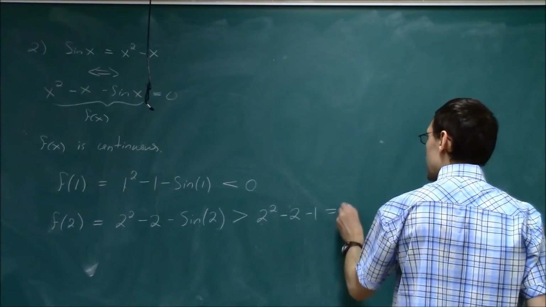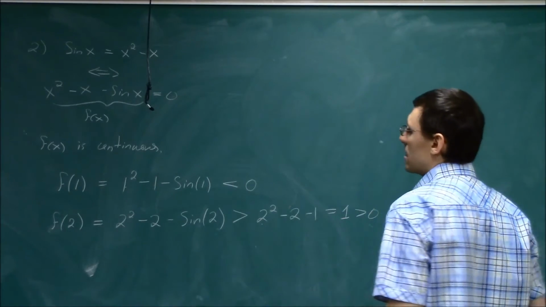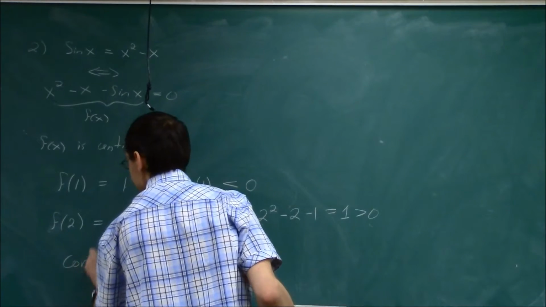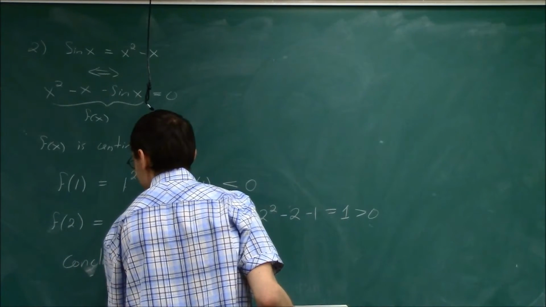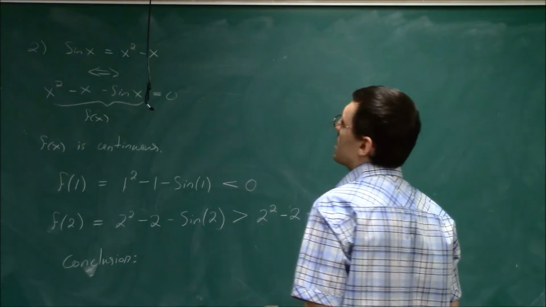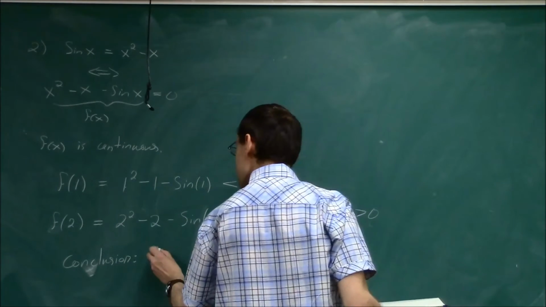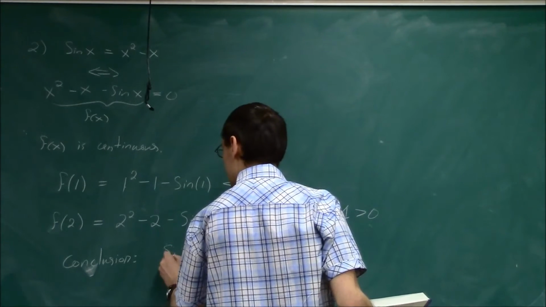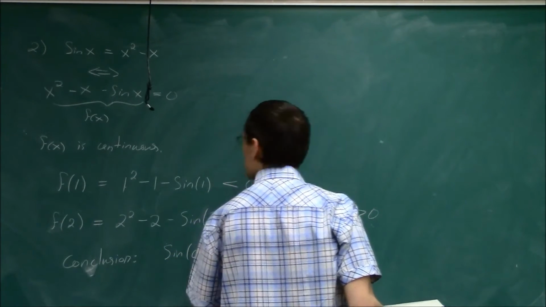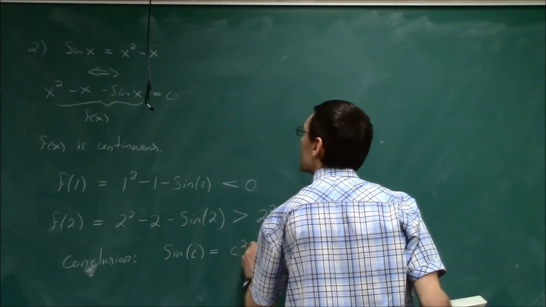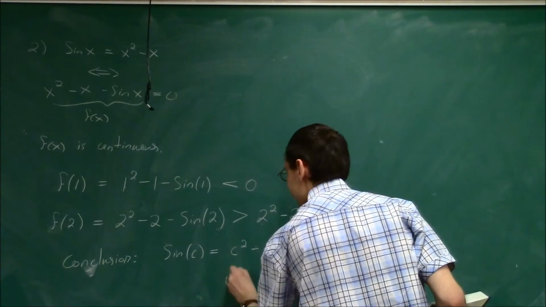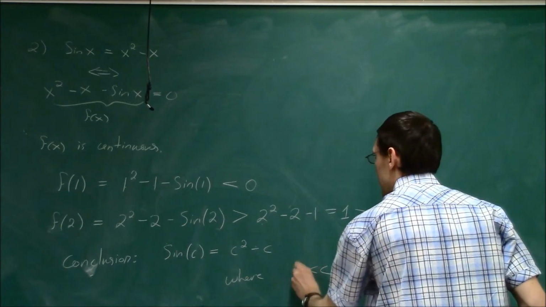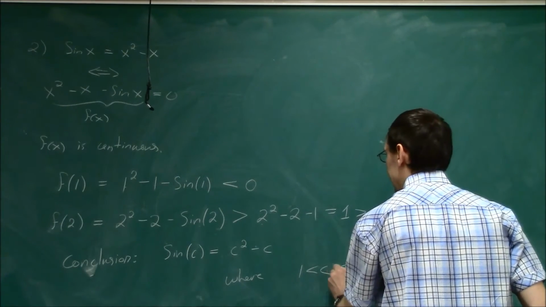This is 1. So that is bigger than 0. So the conclusion that we can draw here is that sine of some number c is equal to c squared minus c, where c is bigger than 1 and less than 2.